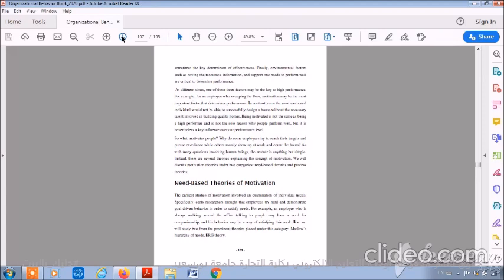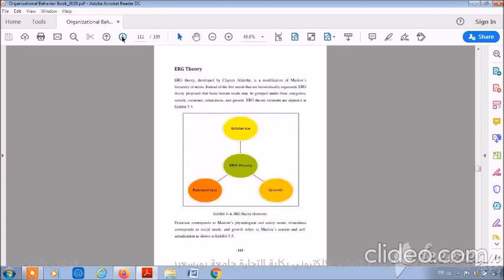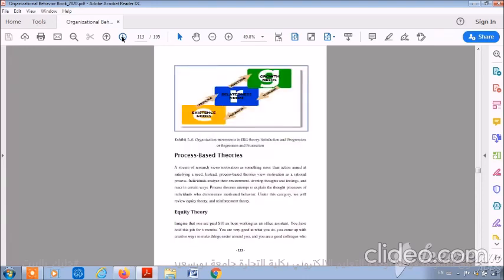The first one was Maslow's hierarchy of needs, and the second one was ERG theory. That was the first category of theories of motivation. The second category is process-based theories.